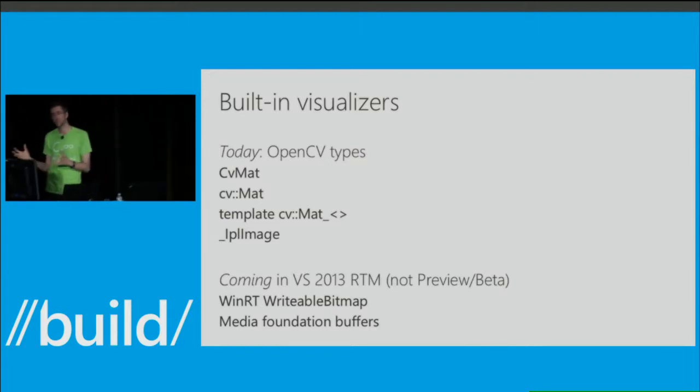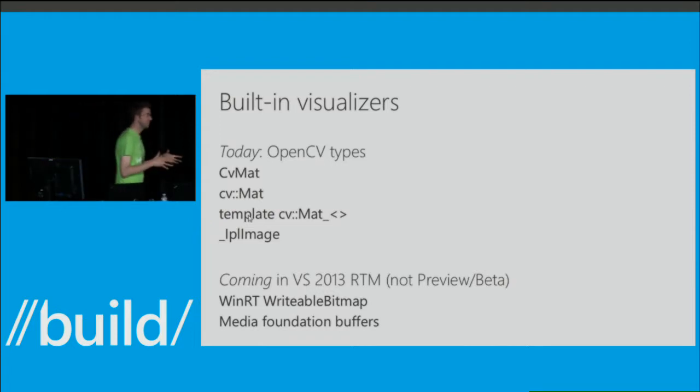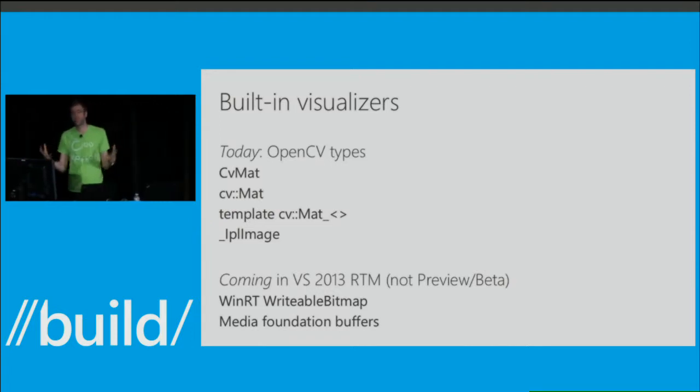It's a C++ library, and it's been around for a while, and so it has at least 4 different image containers that it uses. So this is an old one. This is actually a C struct from back in the day, and there's also a template version of their containers. And so we've written these NatVis files for all the OpenCV types. So if you install ImageWatch today and you use OpenCV, then it will just work out of the box.